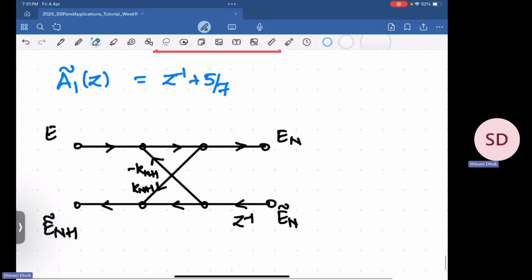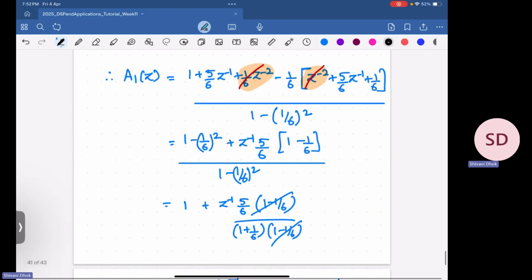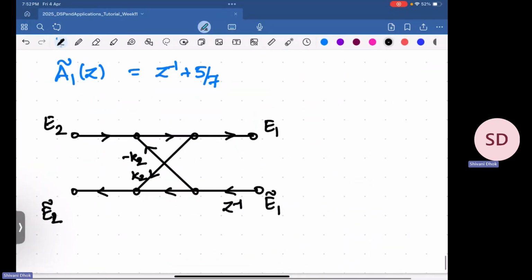First I'll have an E2 here, an E2 tilde here, and I'll have E1 here and E1 tilde here. Similarly, I'll have a K2 here and a K2 here. What is the value of K2 that we have? We had K2 coming out to be equal to 1 by 6. So this is equal to 1 by 6, and this is also equal to 1 by 6, and minus 1 by 6. Okay, so this is my stage 1 lattice.